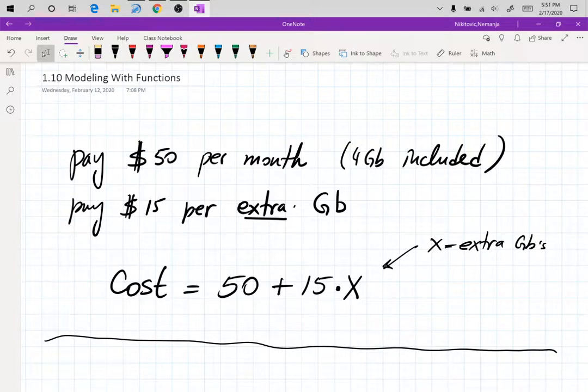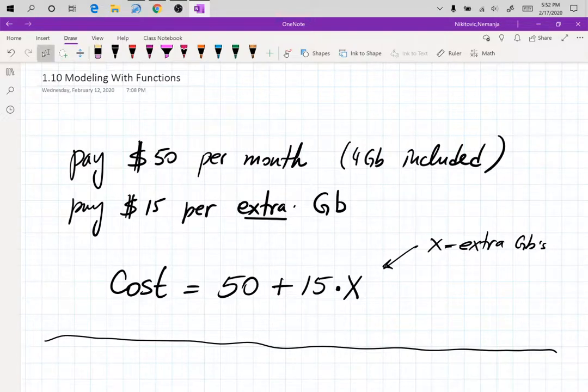And we started by saying that every single piece of information you can somehow translate into a word problem. Here is figuring out the monthly payment if you overstep data usage on your cell phone. Let's say you pay $50 per month flat, which includes 4 gigabytes of data use, and then you pay $15 extra per extra gigabyte.